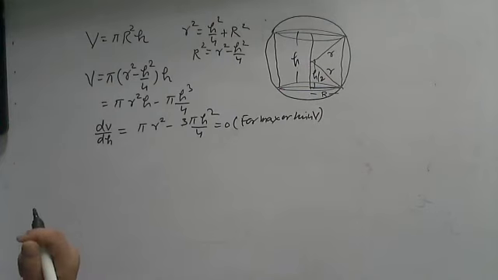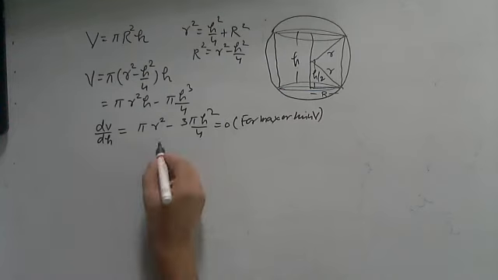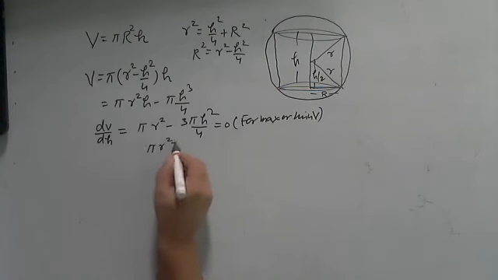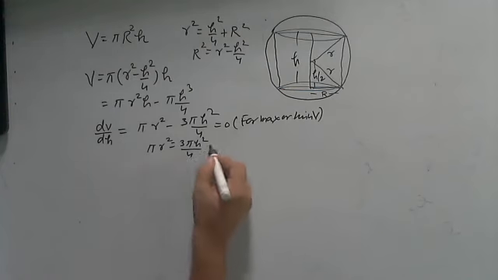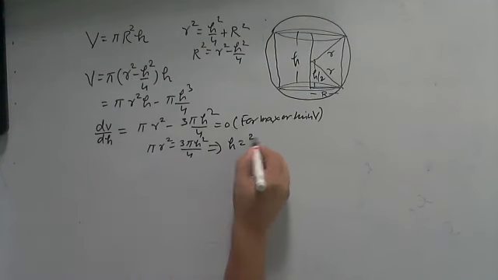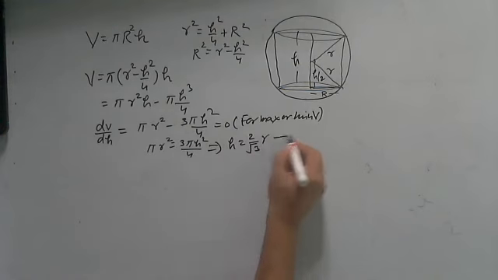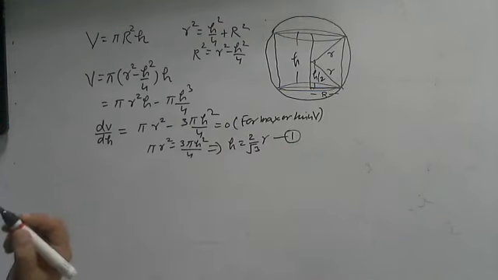Now when we put this equal to 0, it gives us pi R square is equal to 3 pi h square upon 4. Solve it and it gives you h is equal to 2 upon root 3 R. Let us name it equation 1.